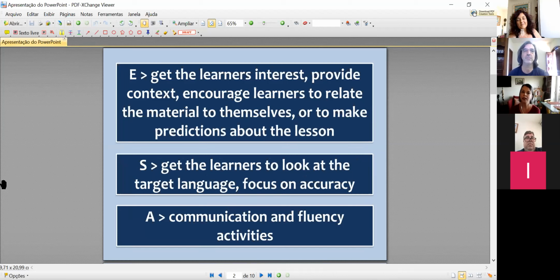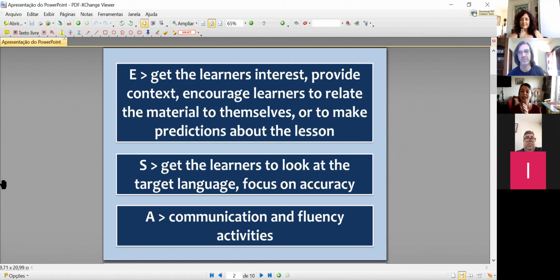So the E, the engage, get the learner's interest. So provide context, encourage learners to relate the material to themselves or to make predictions about the lesson. I think it's very interesting also to have them relate to what you're going to present. So they're going to bring their previous knowledge about the lesson, about the theme, something they already know.